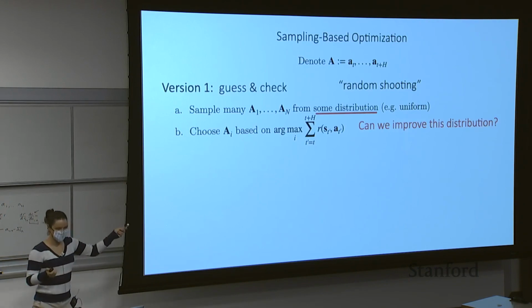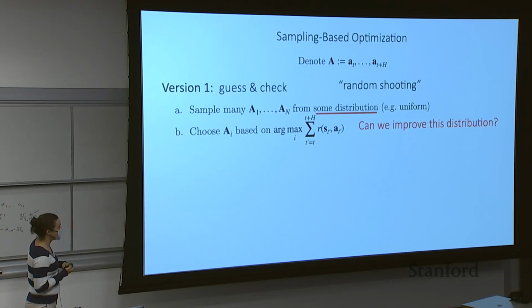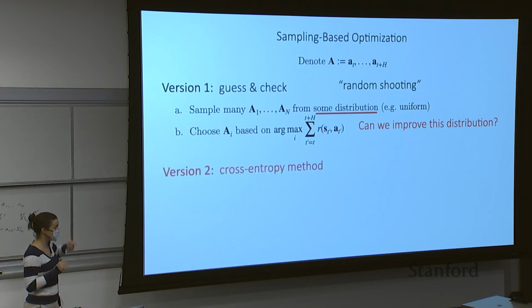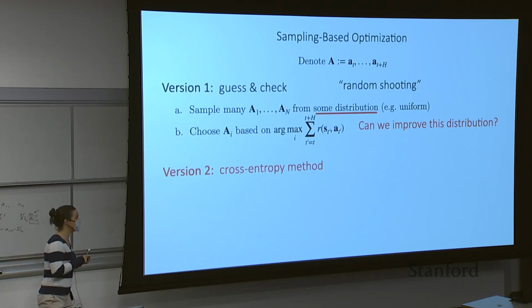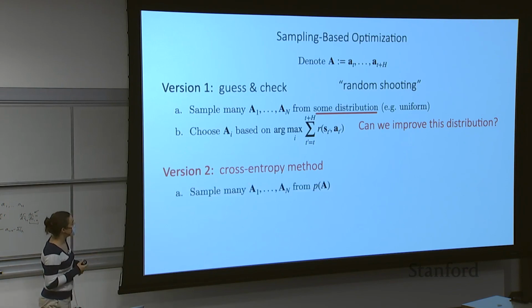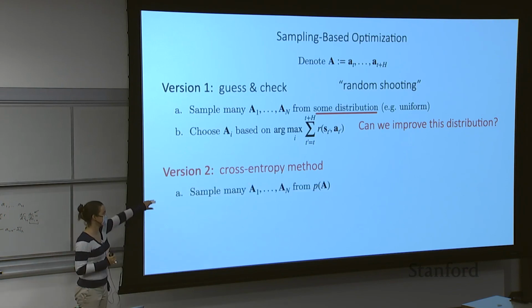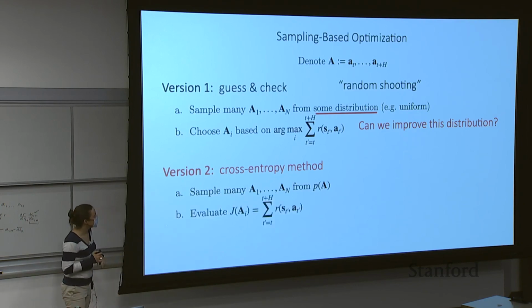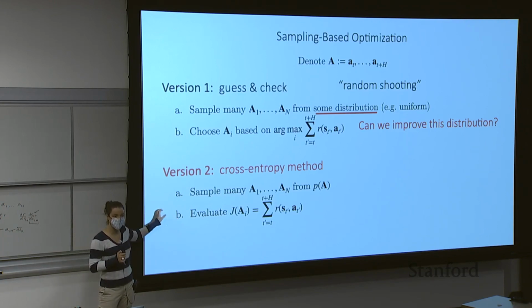Can we improve this distribution? One version of this algorithm that is slightly better is, instead of just taking a single distribution and sampling from it, we could iteratively improve that distribution. And this is what's known as the cross-entropy method. We first start by sampling action sequences from some distribution, P. This could initially be the uniform distribution. Then we evaluate the sum of rewards for each of those action sequences.